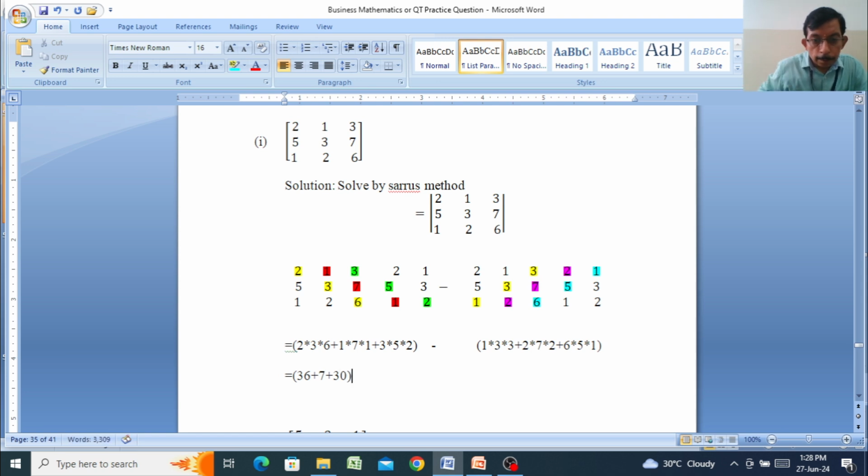Bracket close. Now we take the sign minus. 3 3 is 9, plus 7 4 is 28, plus 6 5 is 30. Now simplify in the next step.